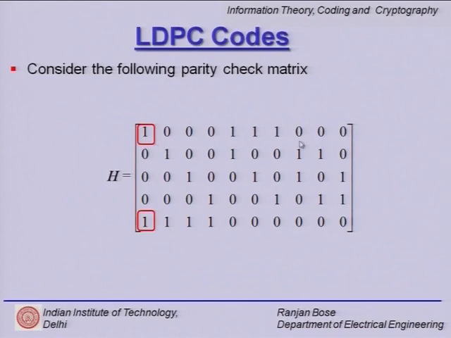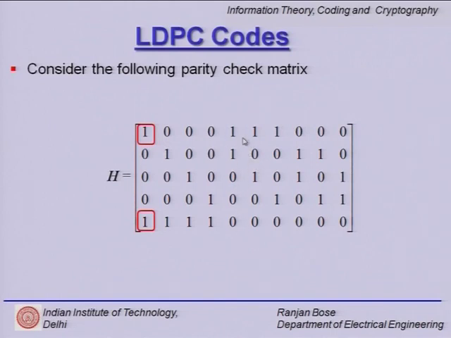Now, I look at the rows. I count the number of ones: 1, 2, 3, 4. So, 4 ones, most are zeros. Again 1, 2, 3, 4, 4 ones, 4 ones. So, we say there are exactly 4 ones in every row and 2 ones in every column.